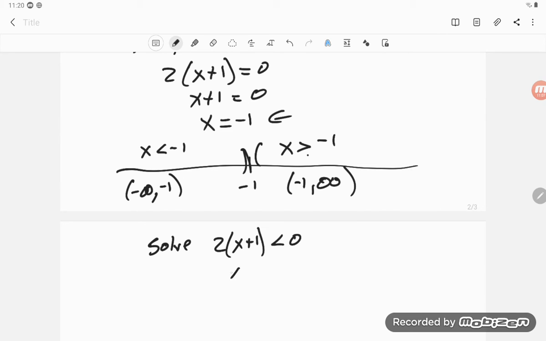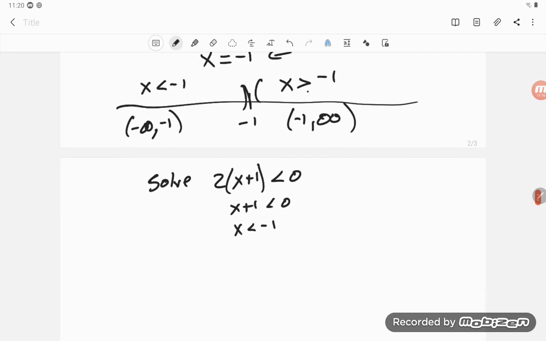Okay, divide both sides by 2. That doesn't change the inequality, so that's fine. And then x is less than -1. So we have that f prime of x is less than 0 for x less than -1.